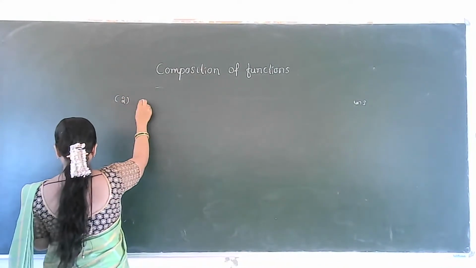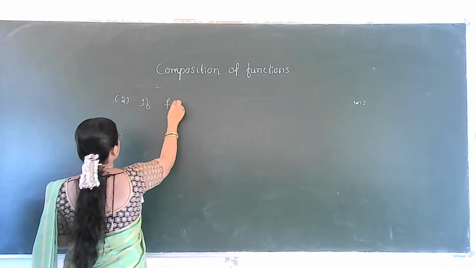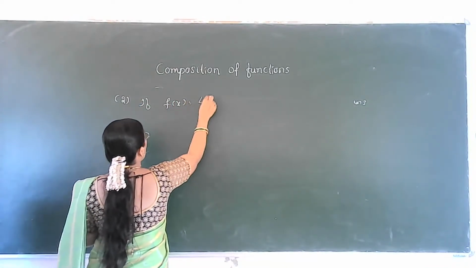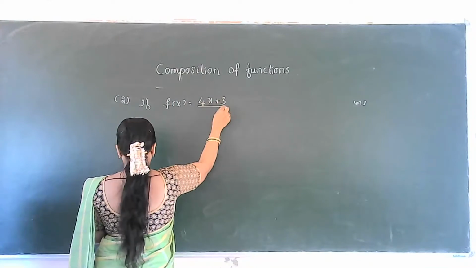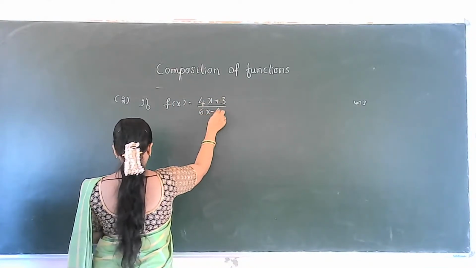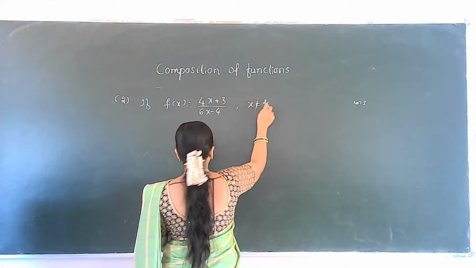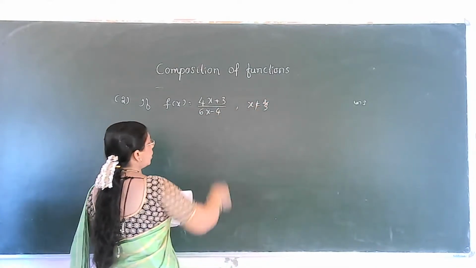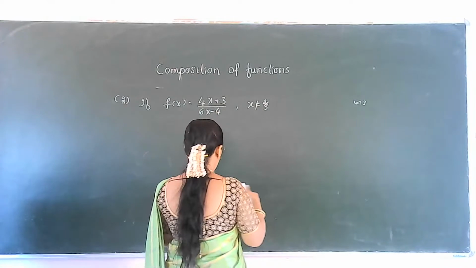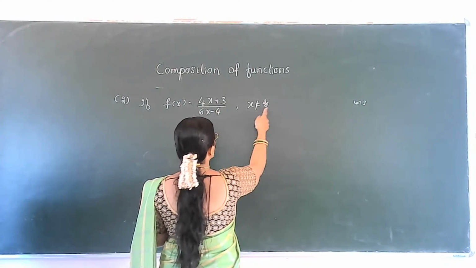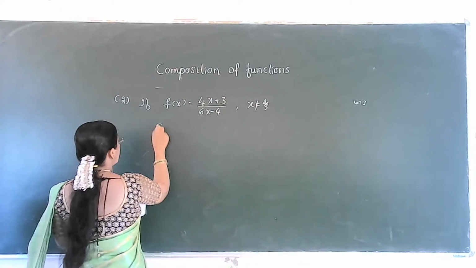Then second problem, if f of x is equal to (4x plus 3) divided by (6x minus 4). Here also x is not equal to 2 by 3. If it's 2 by 3, its denominator becomes 0. Therefore, x is not equal to 2 by 3.